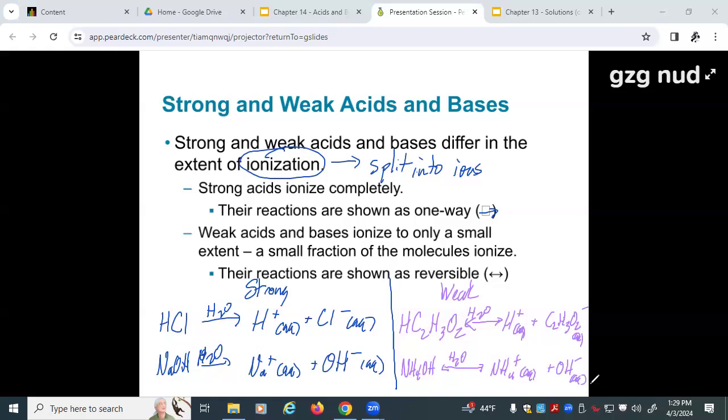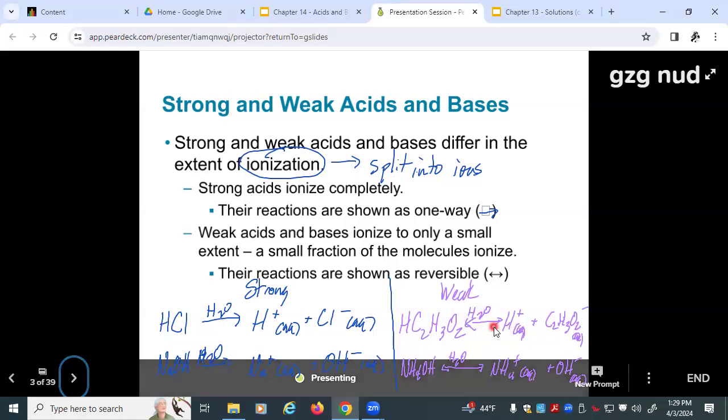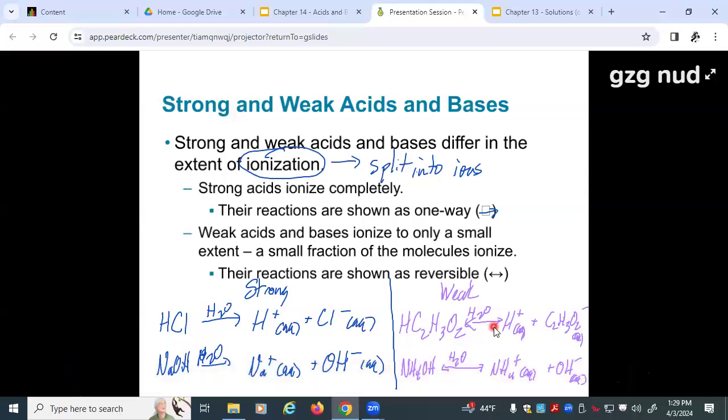But the key in this is the reversibility. The fact that the arrow swings both directions means that there is a constant changeover from the ion side to the molecular side, and from the molecular side to the ion side.